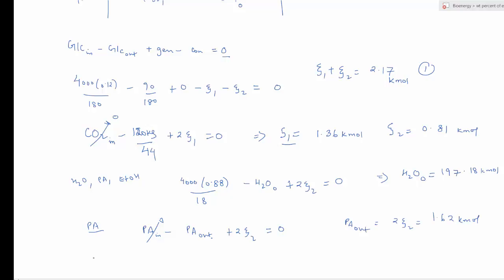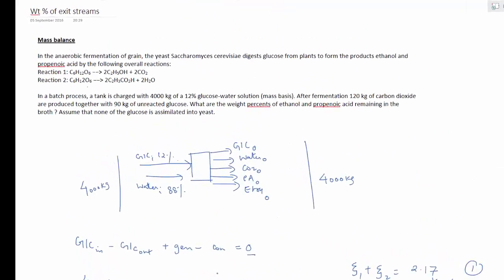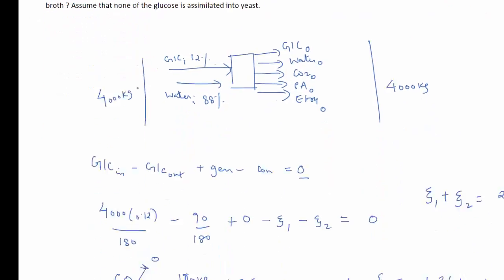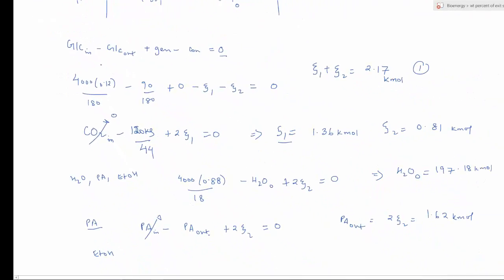That means, and finally, we've got ethanol. So ethanol is present only in the first reaction, and ξ1 is the moles reacting in the first reaction. So we can say for ethanol similarly, there is nothing coming in, minus ethanol out should be in proportion to this amount.